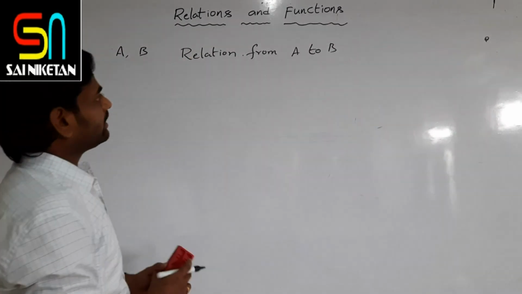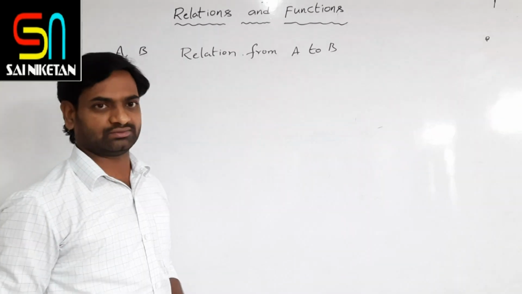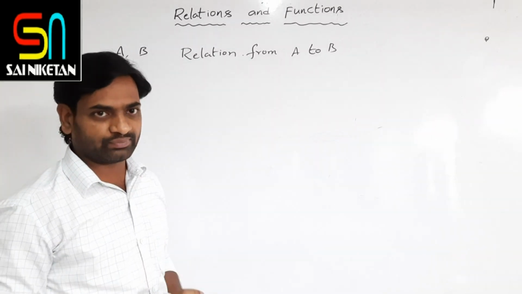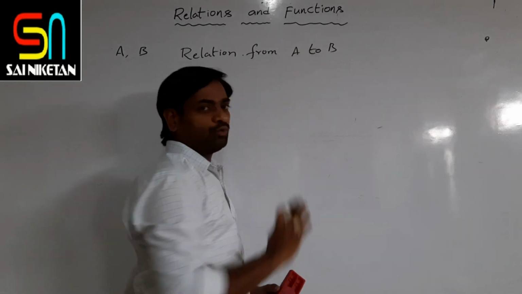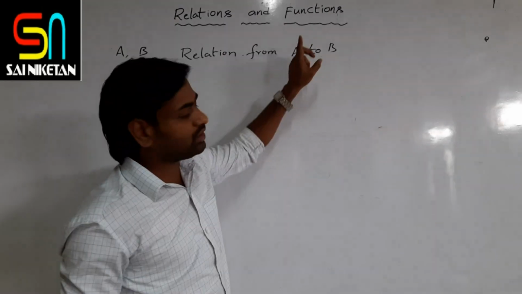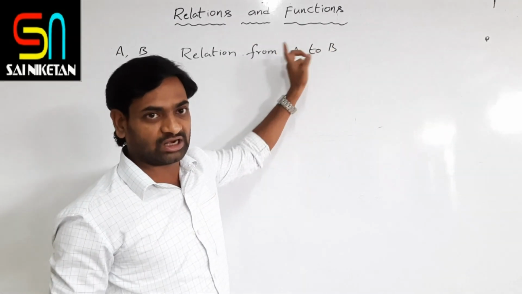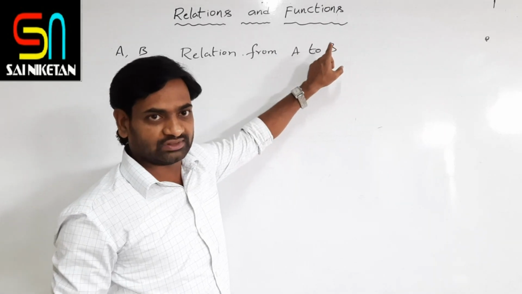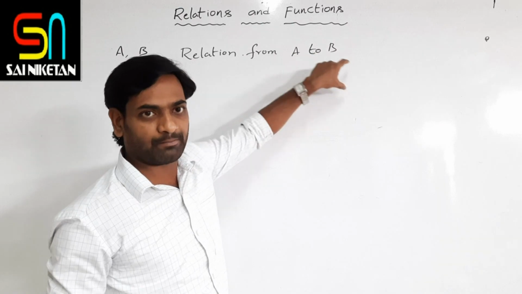Every element of set A, every element, don't leave any element, should have mapping. That means we have only one mapping, with one element only in the B elements.